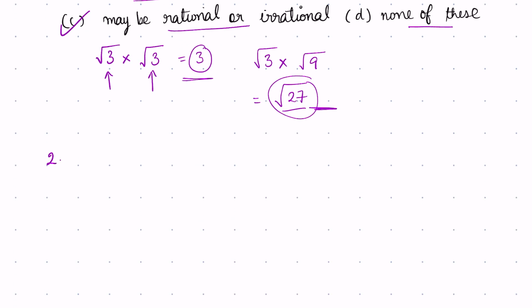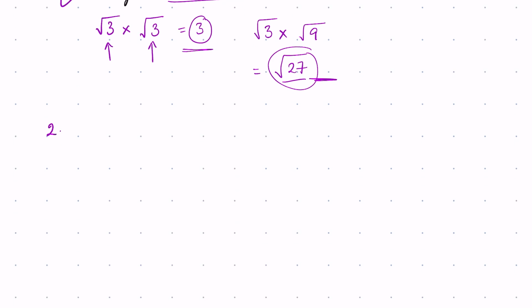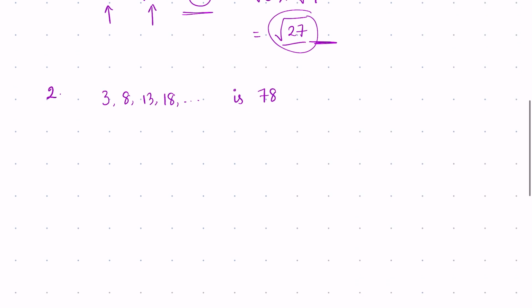What does question number 2 say? Question number 2 says, which term of the AP 3, 8, 13, 18 is 78? So that means we need to find some AN, and we need to find the n here. So that's our answer.